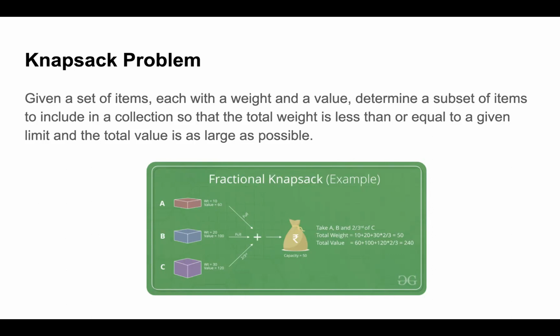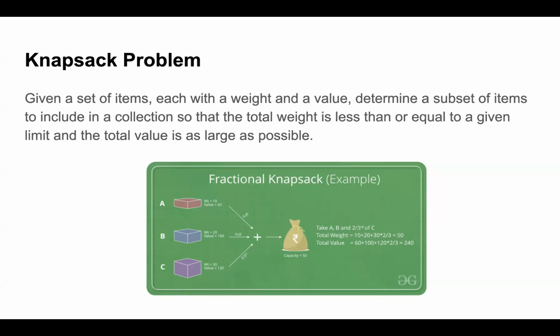But the constraint is that the weight of all those items should be less than or equal to the capacity of that knapsack, and the value is maximized. Value is maximized means what? We will get the maximum profit. That value here we are referring to as the profit.